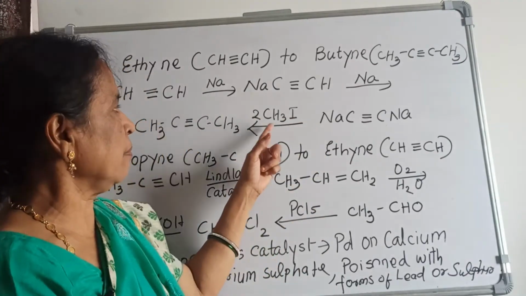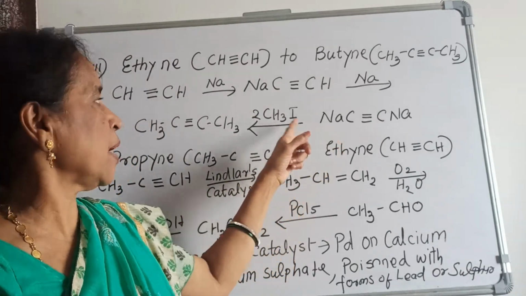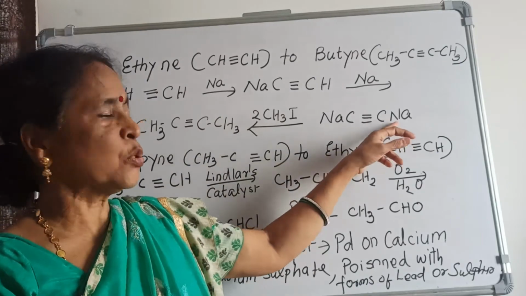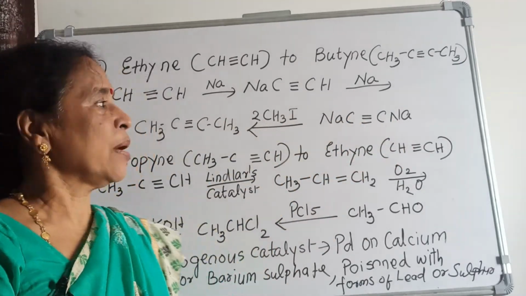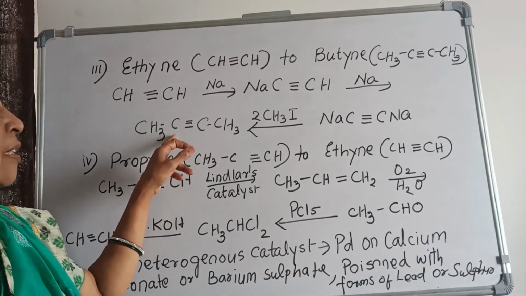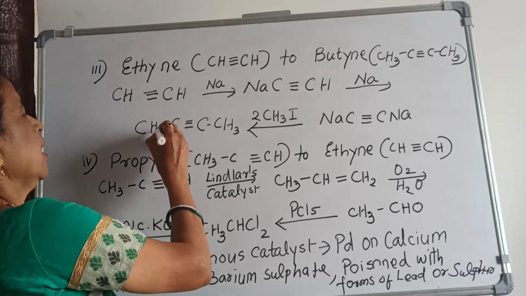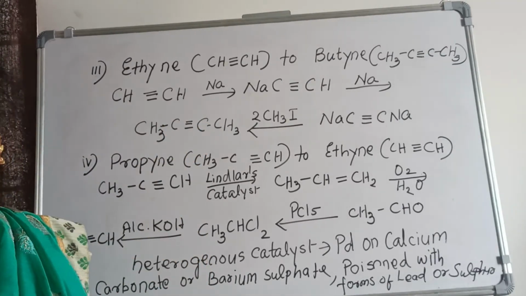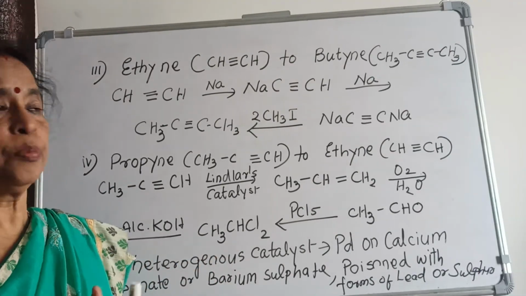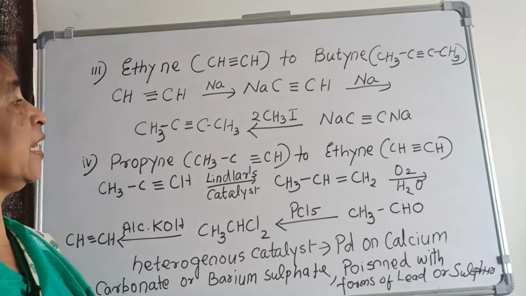With methyl iodide, the sodium is substituted by the methyl group, and here also the sodium is replaced by a methyl group. Then what is the result? This is CH3 C triple bond C CH3, that is 2-butyne, and it is made from ethyne or acetylene.